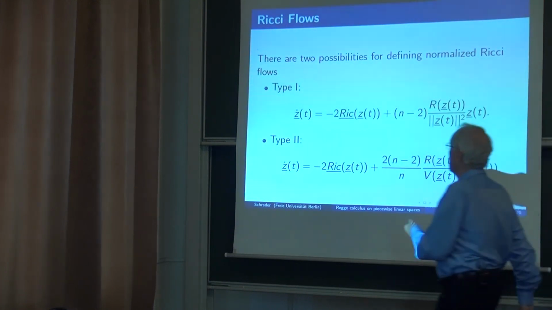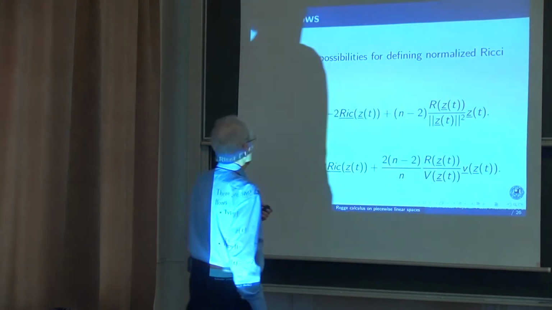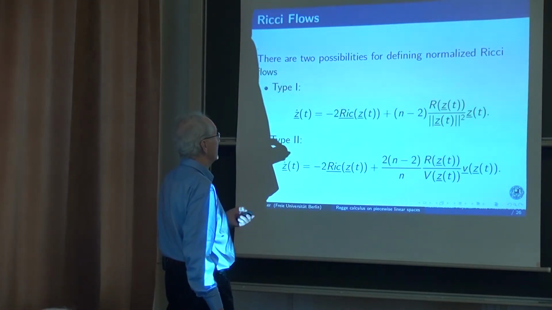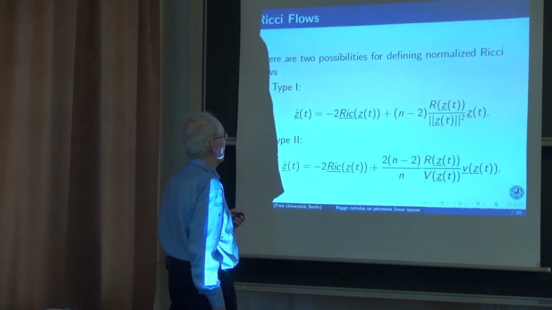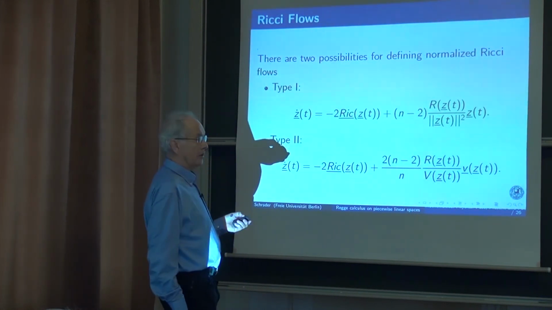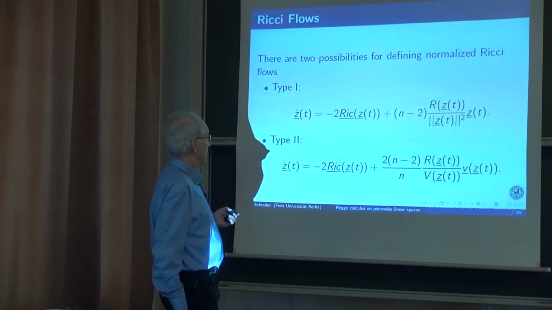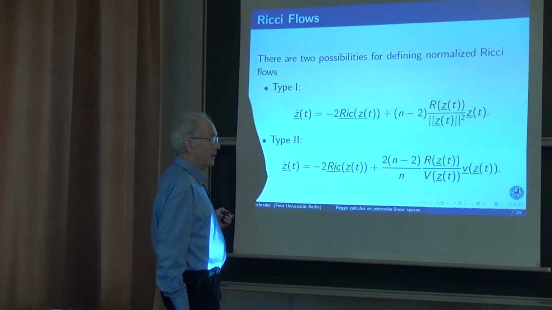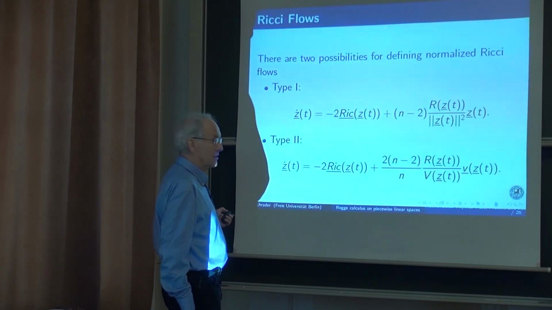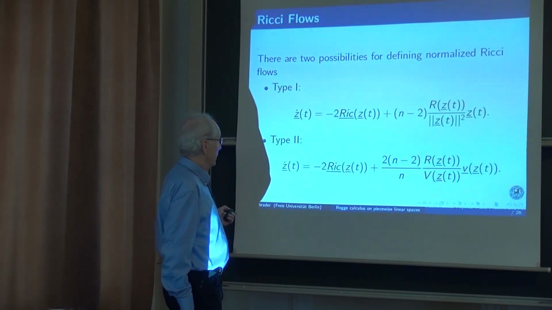This is the same here. If this right-hand side vanishes, it says that at this time t, it's an Einstein metric of the first type. So an Einstein metric of the first type is a stationary point for this flow.